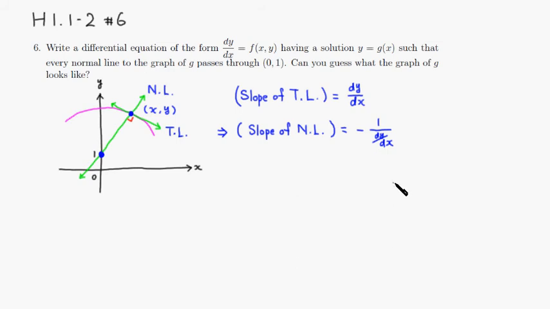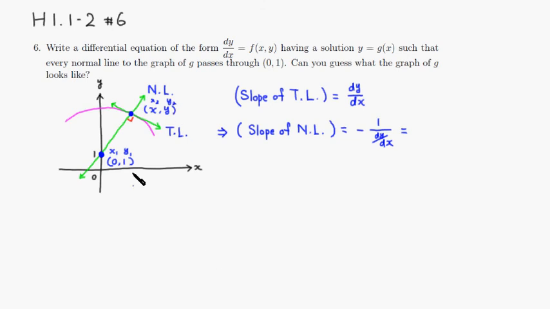So here this point is 0 comma 1, which you can think of as x1 comma y1, and these you can think of as x2 comma y2.